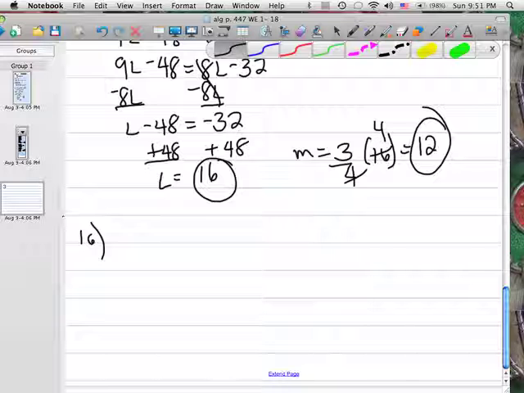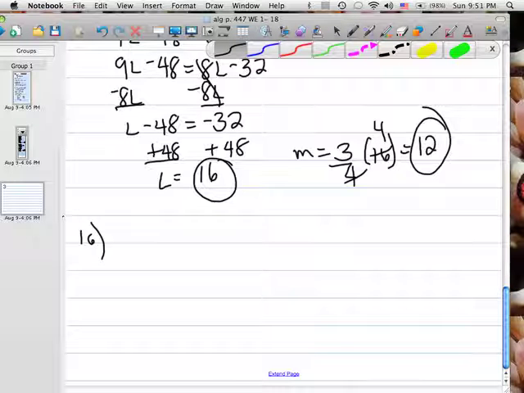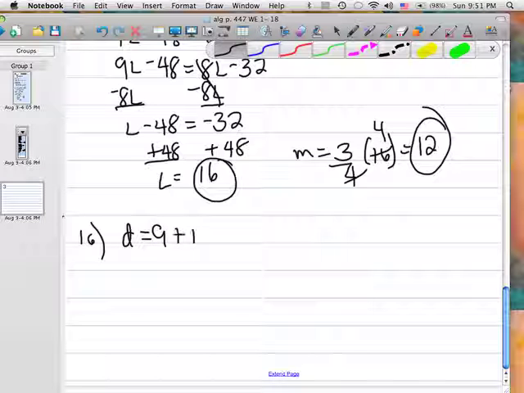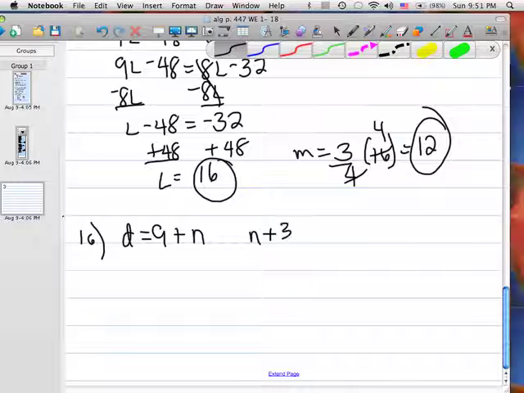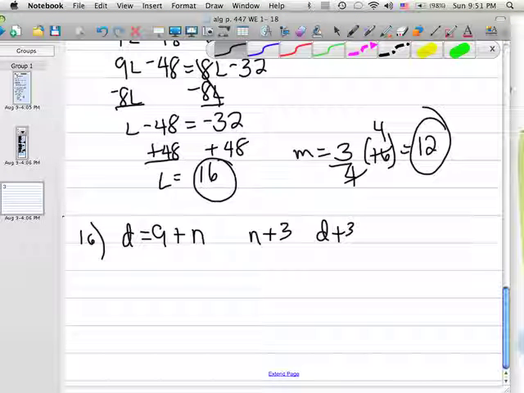The denominator of a fraction is 9 more than the numerator. So the denominator equals 9 more than the numerator. D stands for denominator, N for numerator. If the numerator is increased by 3 and the denominator is increased by 3, the value of the resulting fraction is 1/4.